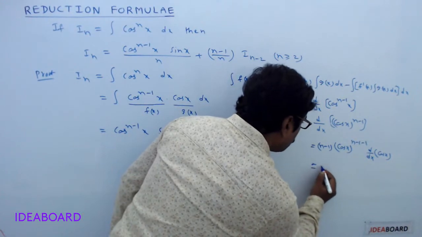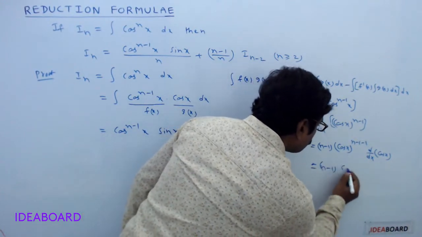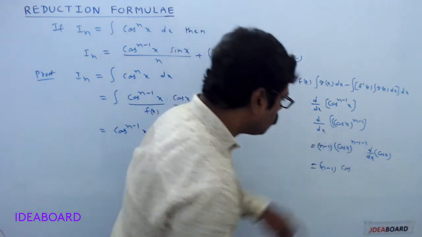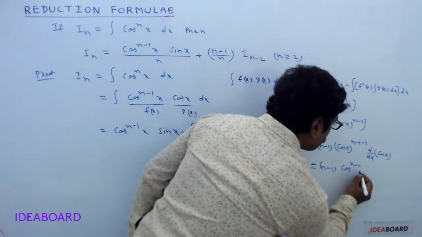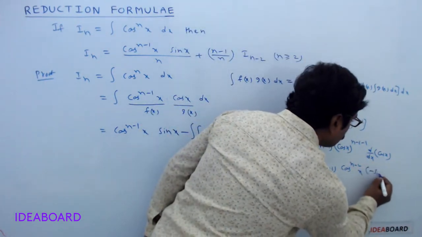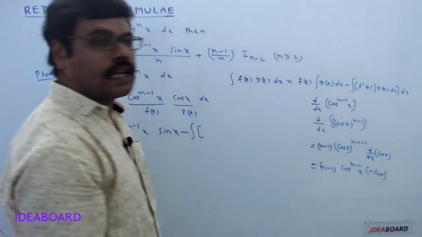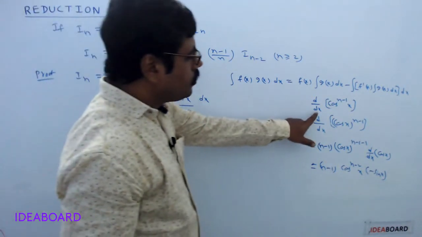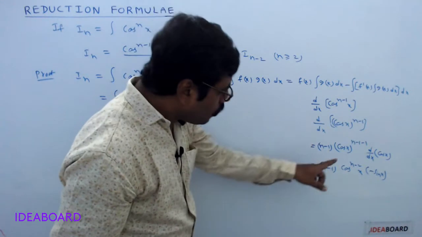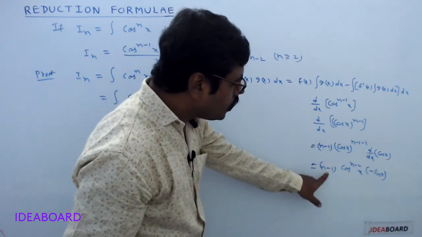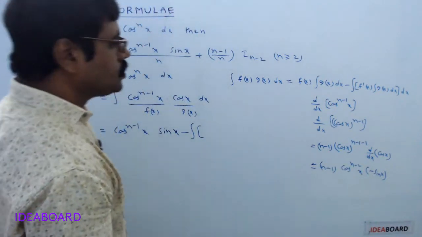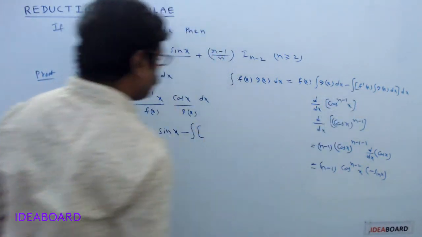Now this is n minus 1 into (cos x) whole power n minus 2, which is the same as cos power n minus 2 x, into the derivative of cos x, minus sin x. So the derivative of cos power n minus 1 x is minus n minus 1 into cos power n minus 2 x into sin x.